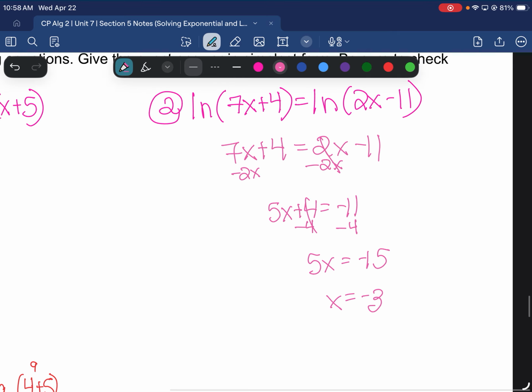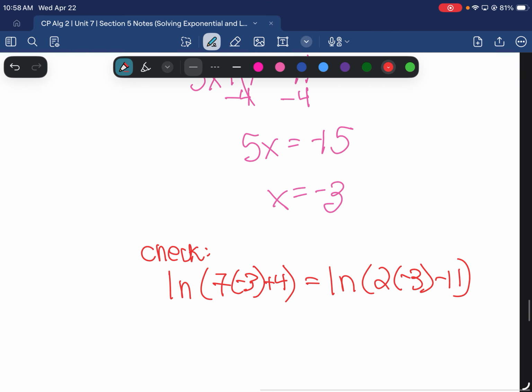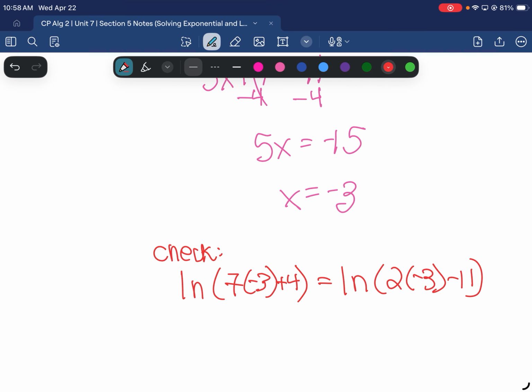Let's make sure, not just because I'm getting a negative, that when I plug it back in, it does give me a negative. So if you do the natural log of 7 times negative 3 plus 4, and then the natural log of 2 times negative 3 minus 11, that's negative 21 plus 7, which is negative 17.